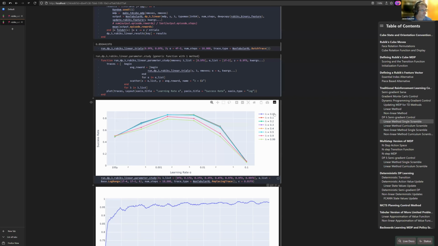If lambda is close to 1, then the learning process doesn't account for the relationship between any of the states. That will happen somewhat just because of the nature of the approximation, but otherwise it's just looking at the actual end result of an episode. So we can see that these higher values of lambda are not good.